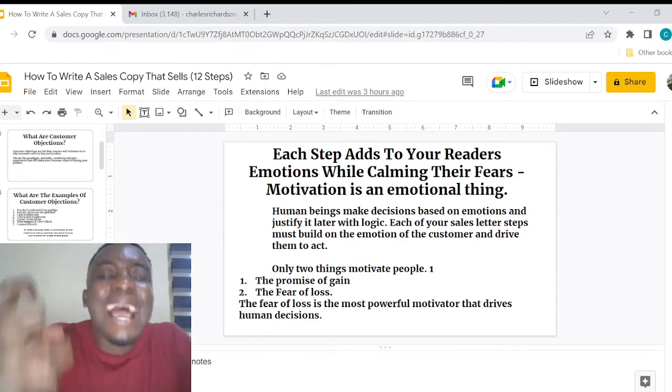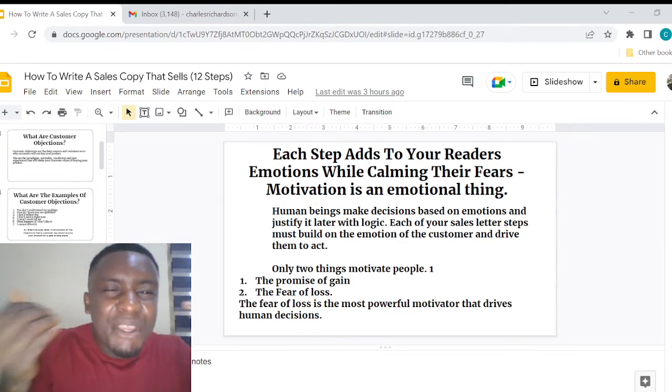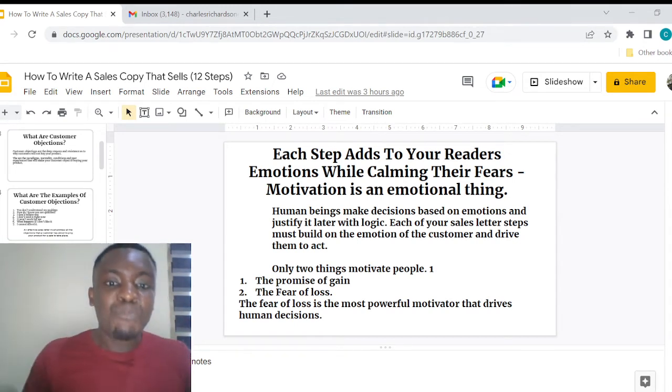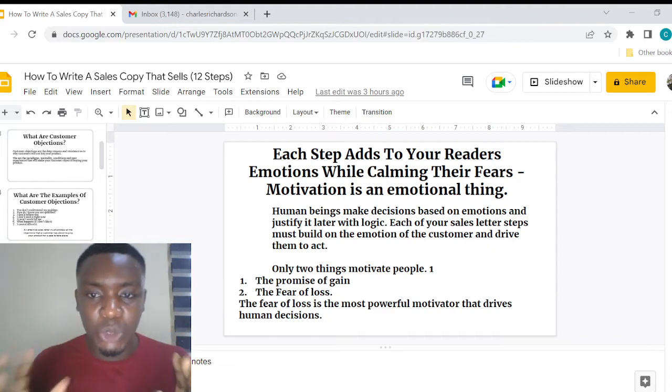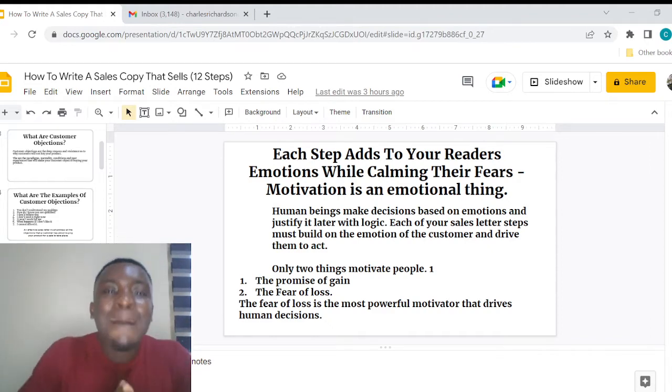It makes them desire the product while calming all their fears, while breaking the resistance, while clearing all their objections. Human beings make decisions based on emotions and justify it later with logic. That means we are moved to make buying decisions based on emotion.